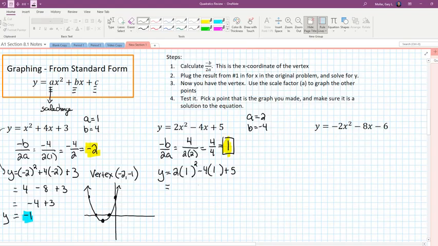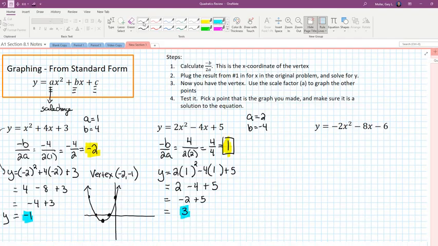You know that's not following the order of operations. 1 squared is 1. 1 times 2 is 2. Minus 4 plus 5. So that's going to give me negative 2 plus 5, which is 3. So the y coordinate is 3. So my vertex is simply at 1, 3.